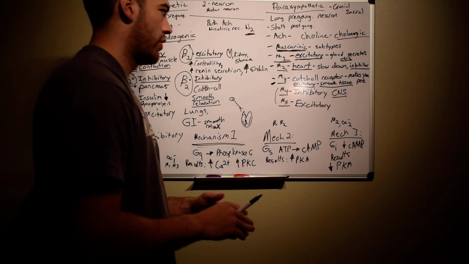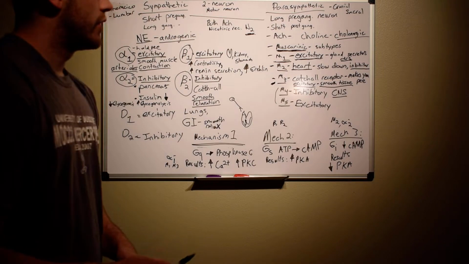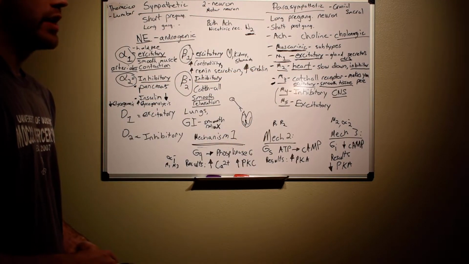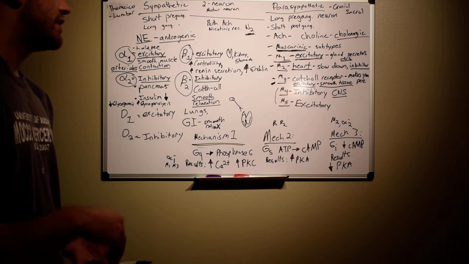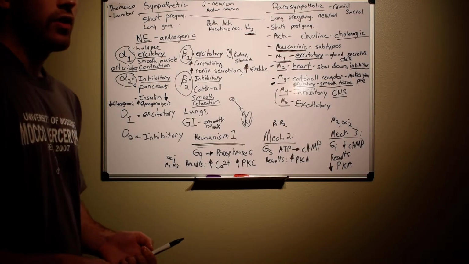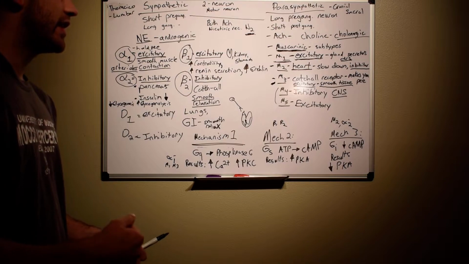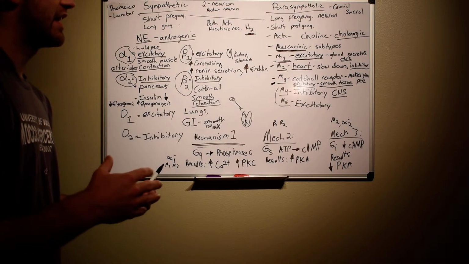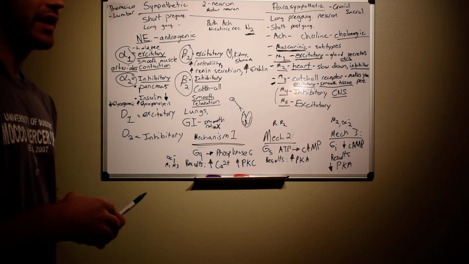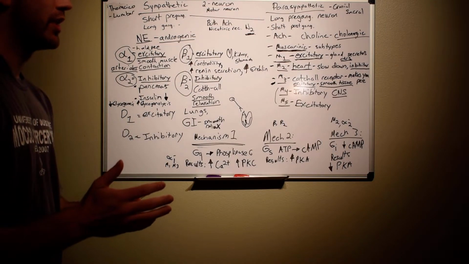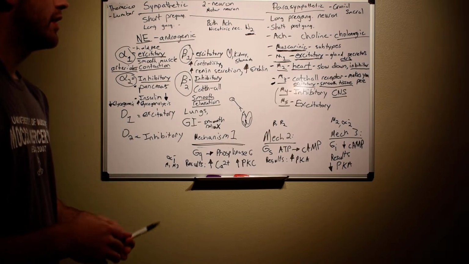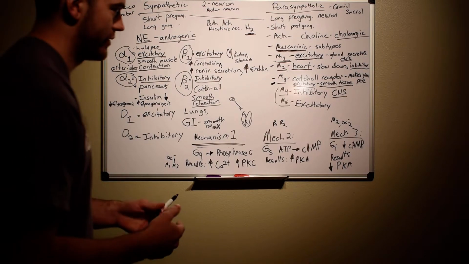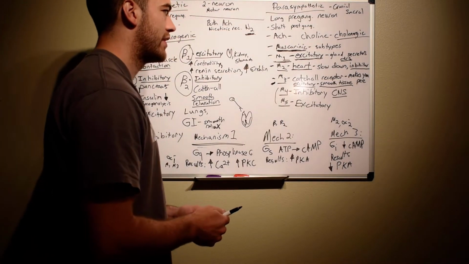You want it to slow down. So acetylcholine binds to these M2 receptors and decreases your heart rate and also your contractility, which is a fancy way of saying it's going to make the heart beat less hard. It's not going to push out as much blood with each beat. That's the simplest way to put it.